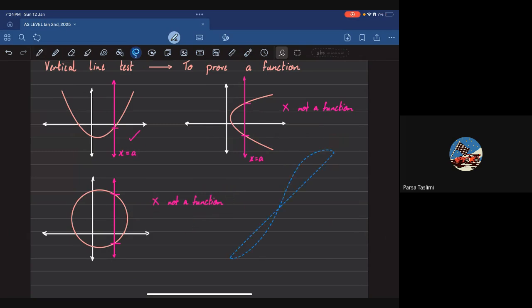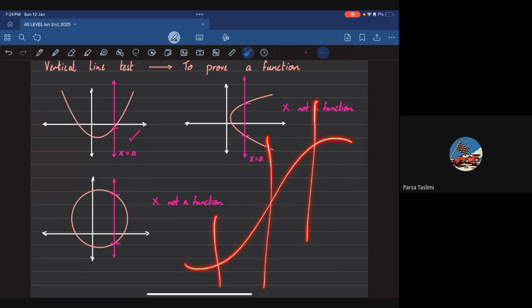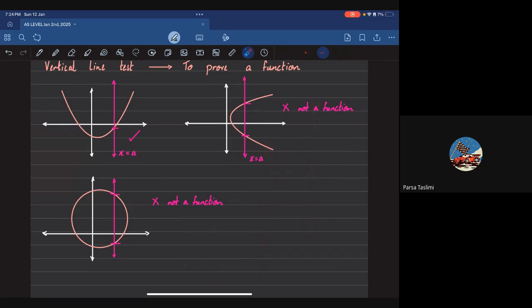Whereas cubic graphs and your other graphs, these all pass the vertical line test. So that is why they are classified as a function. They are just simply not linear or quadratic function or stuff of that.